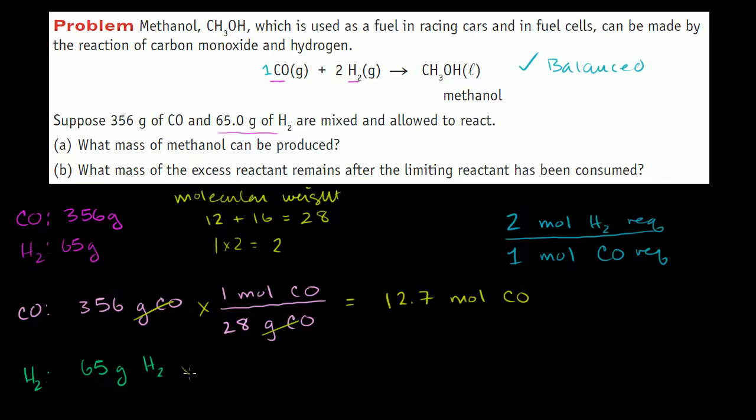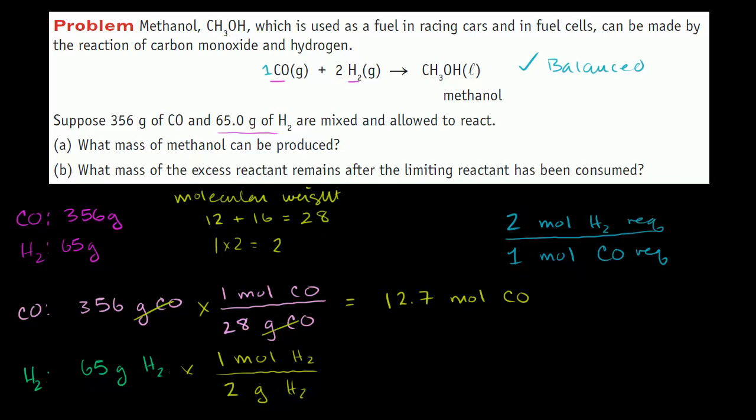So we're going to multiply it times 1 mole of hydrogen is equal to how many grams? Well, we just figured out its molecular weight is 2, so a mole of it is going to have a mass of 2 grams. So you could view this as 2 grams per mole, or 1 mole per 2 grams. And we want the grams in the denominator, so it cancels out over here.